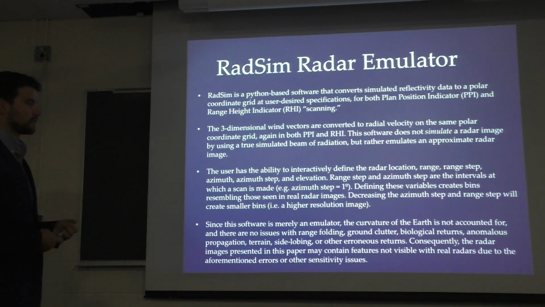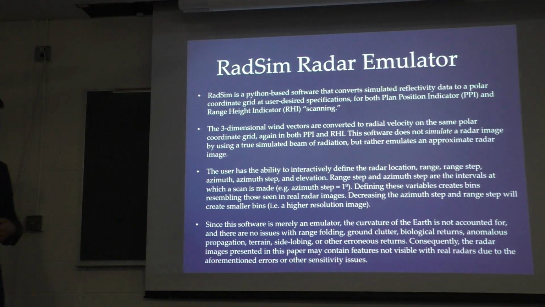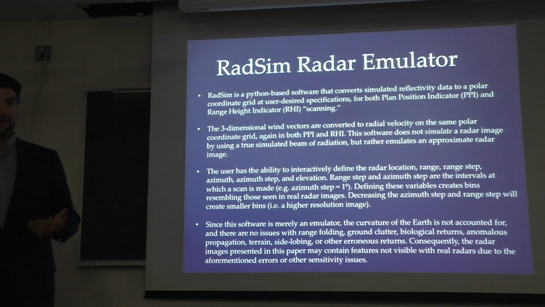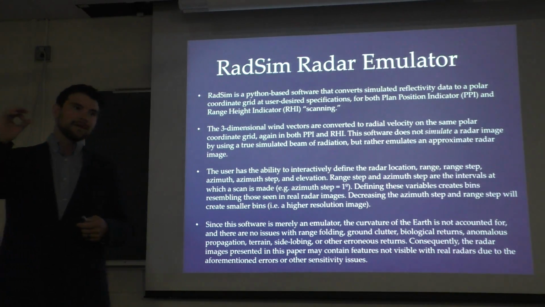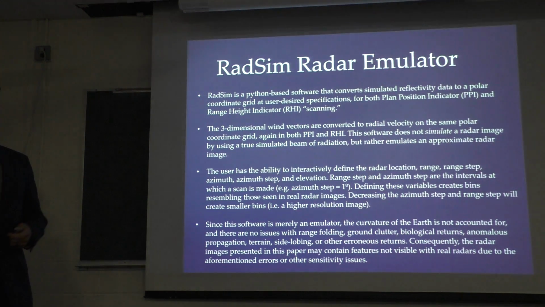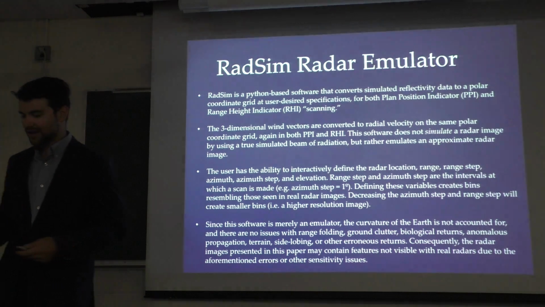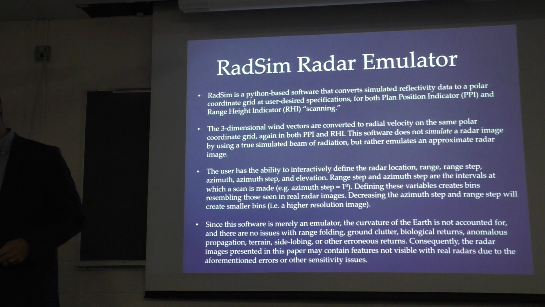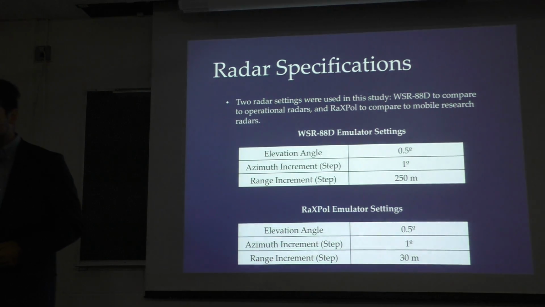There's no range folding, no biological returns, no anomalous propagation, no terrain influence, no side lobing, no ground clutter, or any other erroneous returns that you might get on a real radar image. So it's likely that the radar images you're going to see are probably generous as far as the detail and things that can actually be seen, especially at the very lowest levels. But we're just trying to get an idea.